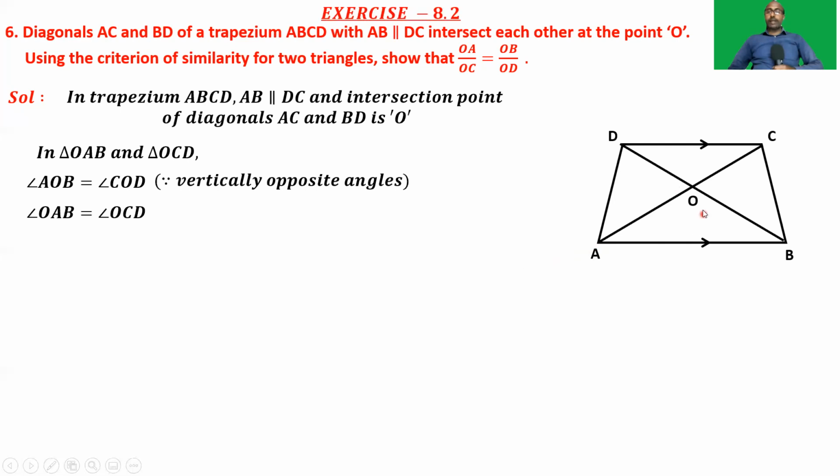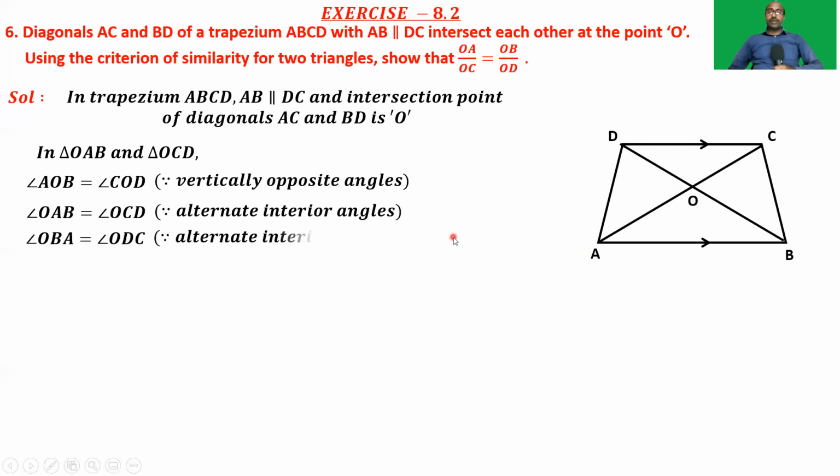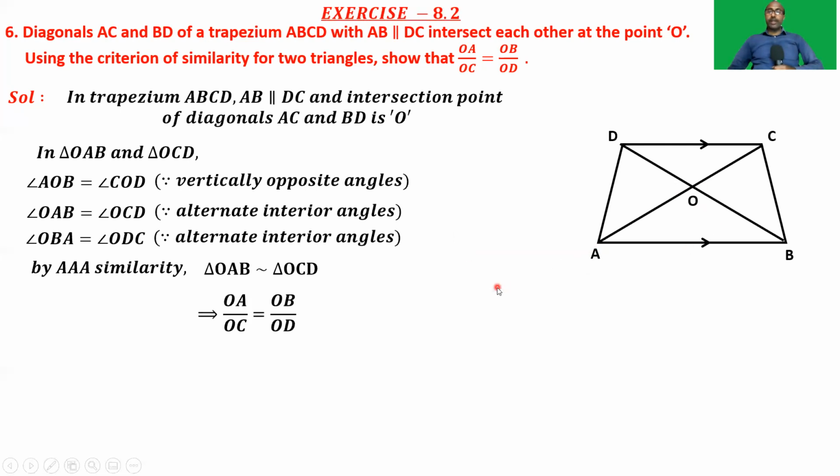And angle OAB is equal to angle OCD because alternate interior angles, as well as angle OBA is equal to angle ODC, which are also alternate interior angles. Now by AAA similarity, triangle OAB is similar to triangle OCD. And we know that in similar triangles, the ratio of corresponding sides is equal. So OA by OC is equal to OB by OD, which is our required result.